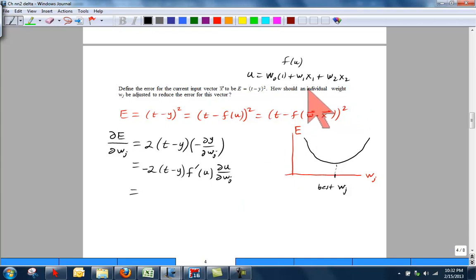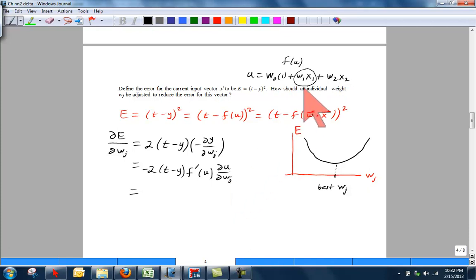And I'm thinking about j being 1 or 2. It could be 0 as well. Let me think about specifically the case right here when j equals 1, and then I'm talking about the derivative of u with respect to w1. Well, notice the first term doesn't have a w1 in it, nor does the third term, and so those two terms have derivative 0 when I differentiate with respect to w1.